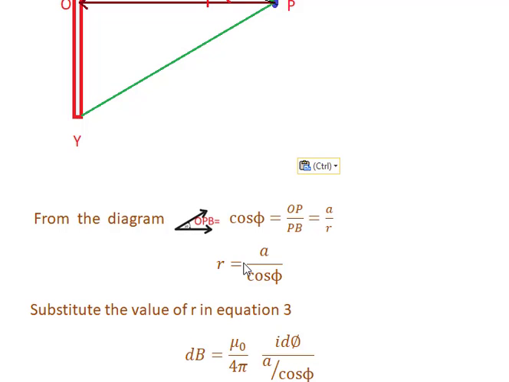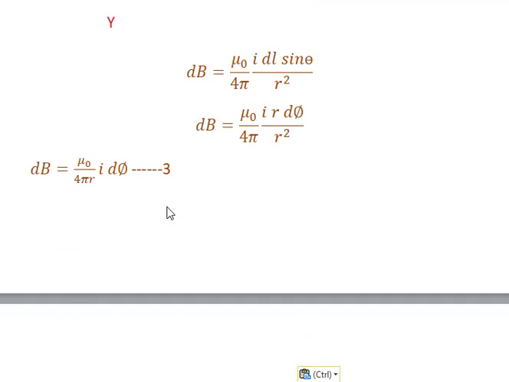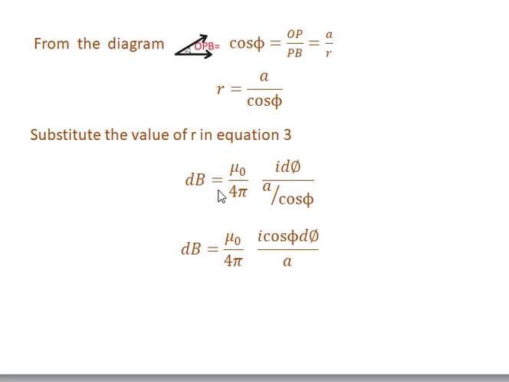Substituting the value of R in equation 3, we get dB is equal to mu naught by 4 pi I cos phi d phi by A.